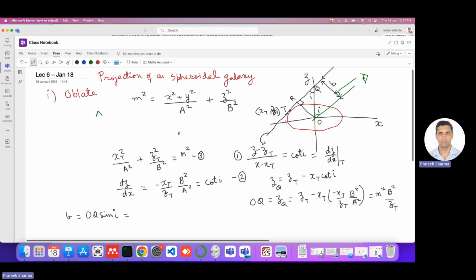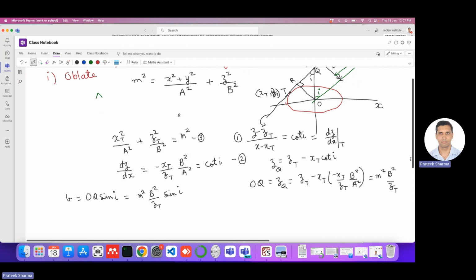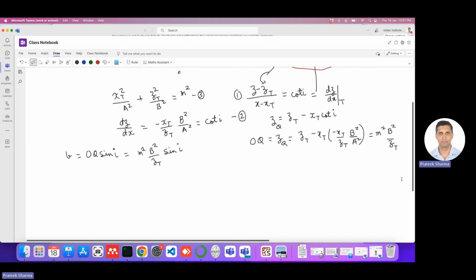So we have this m squared by B squared by ZT times sine i. Okay, so we have the B value. The A value is the same, right? Because projection does not change the major axis for this oblate spheroid.